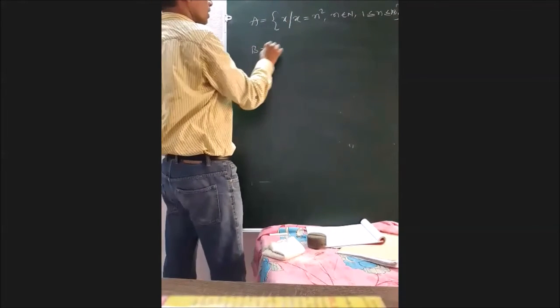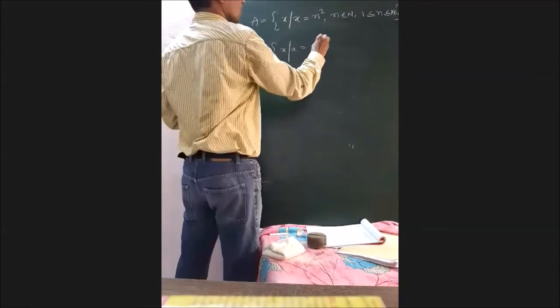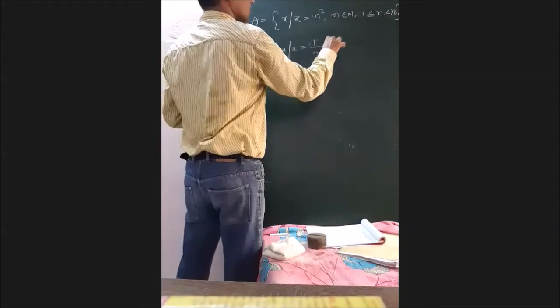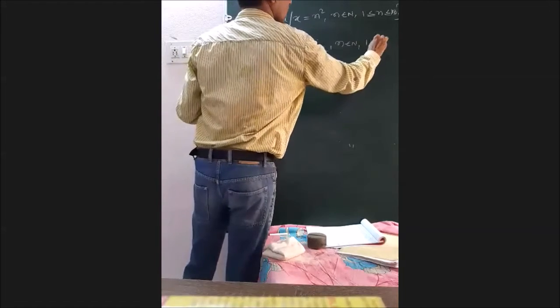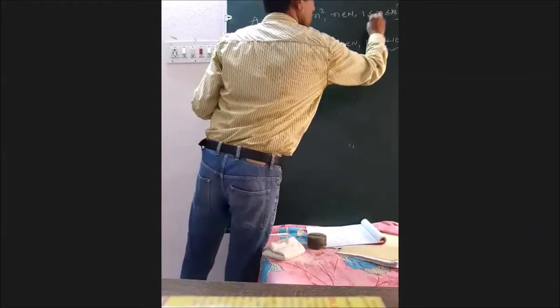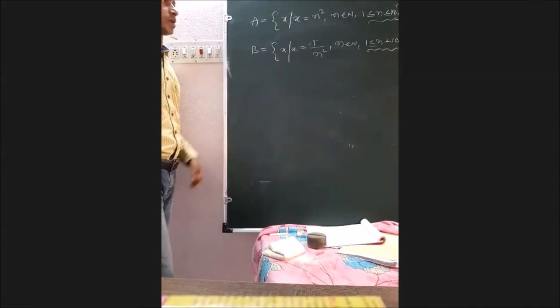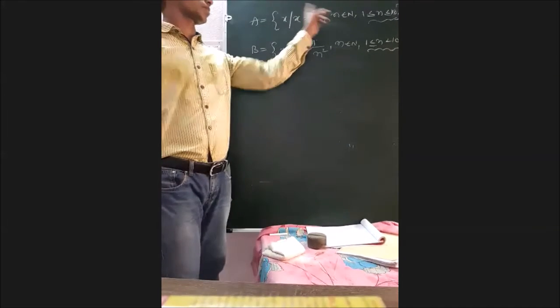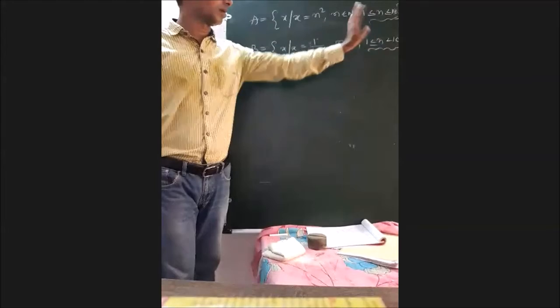Again B is x such that x is equal to 1 by n square, n belongs to N and 1 less than or equal to n less than 10. Now please, you have to be very keen. You should be a keen observer. x such that x is equal to n square, x such that x is equal to 1 by n square. The conditions are very important.